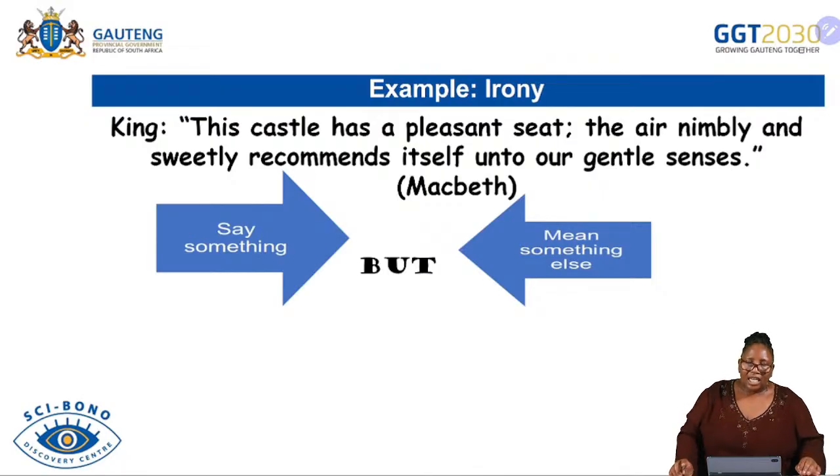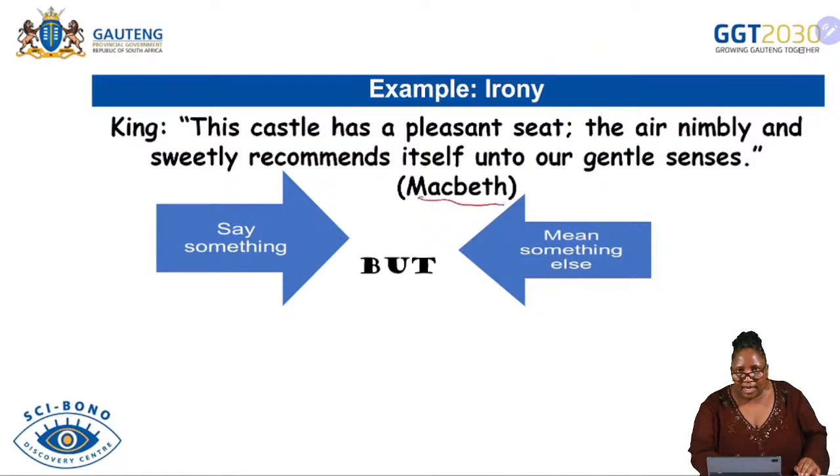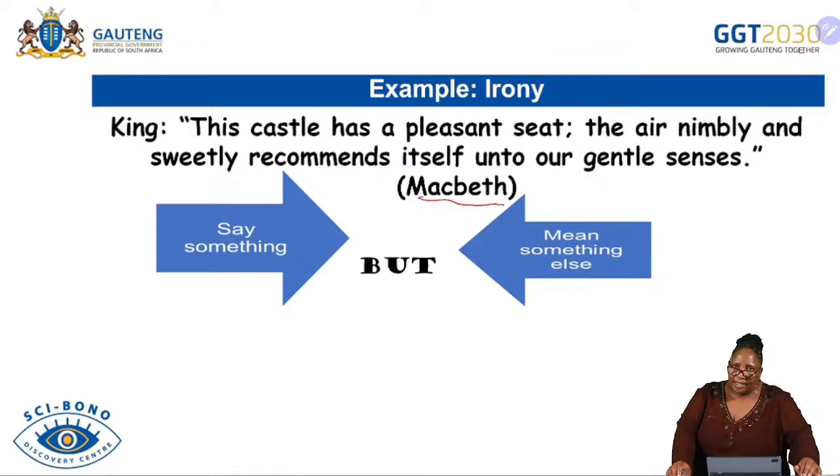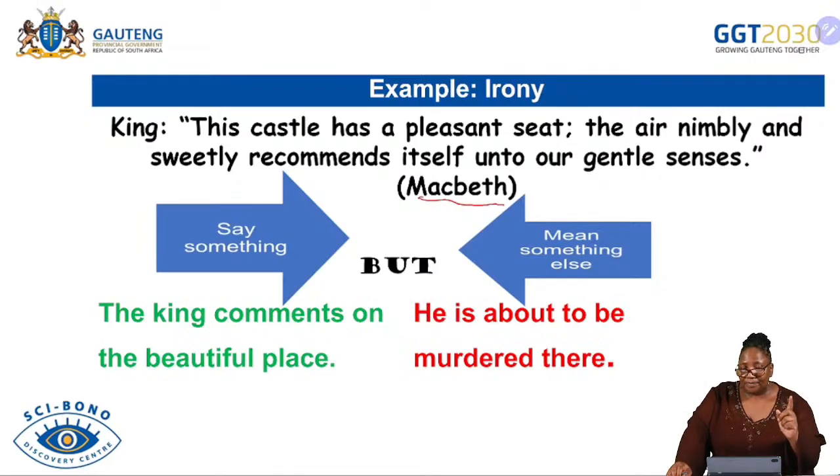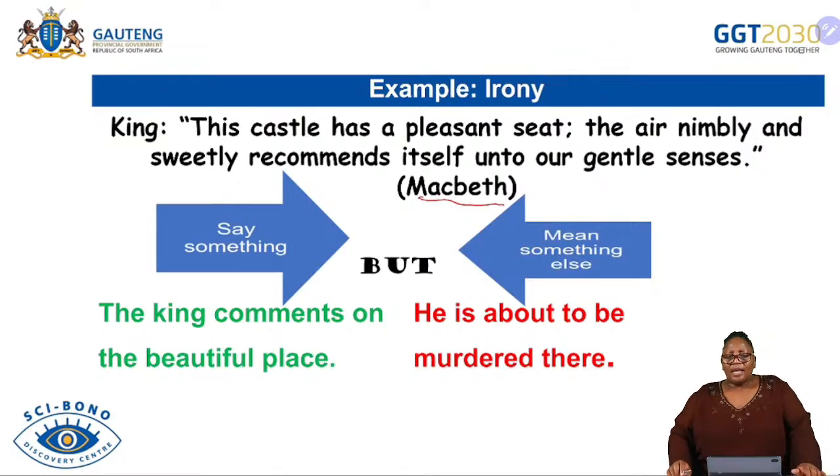Is the king in Macbeth. He has gone to Macbeth's place, and when he gets there, he looks at the castle and says, this castle has a pleasant seat. The air nimbly and sweetly recommends itself unto gentle senses. But that is ironic. Why is that ironic? The king comments on the beautiful place.